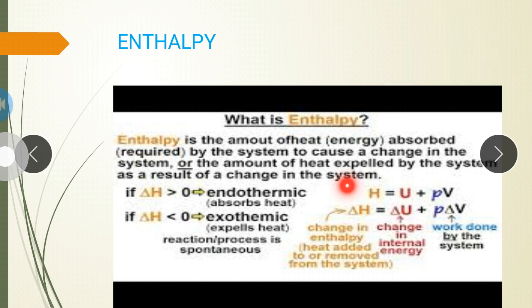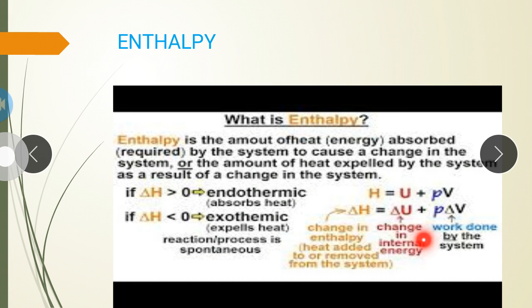Clear? So H is equal to U plus PV, and delta H is change in enthalpy, that is heat added to or removed from the system, that is the change. H is just representing enthalpy. Delta H is representing the change in the enthalpy. Now delta U here, what is U? It is internal energy. Delta U is change in internal energy.